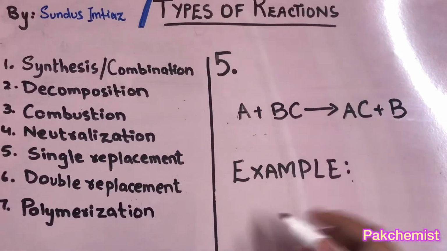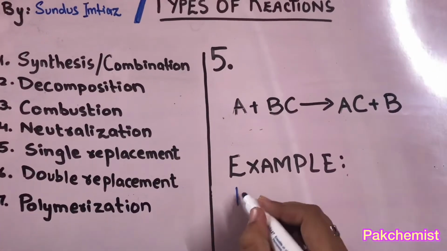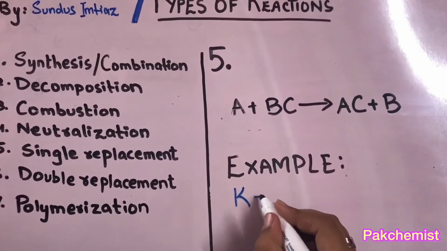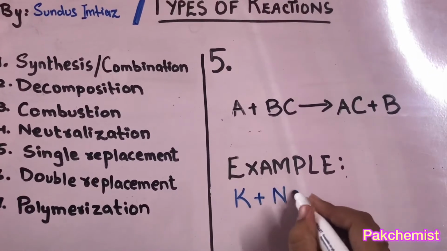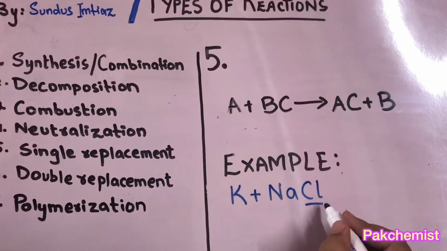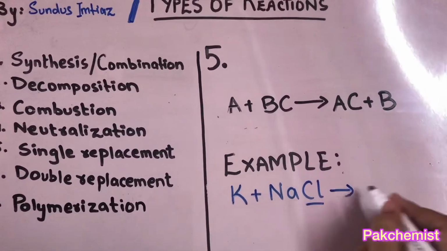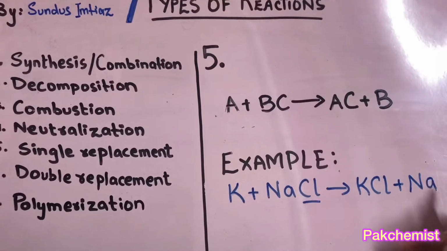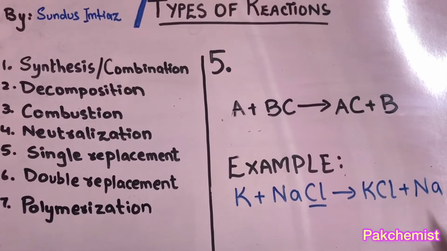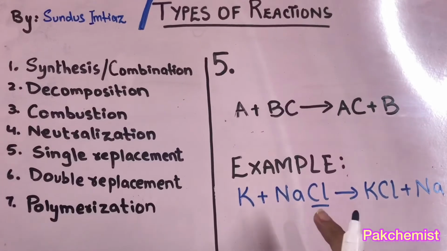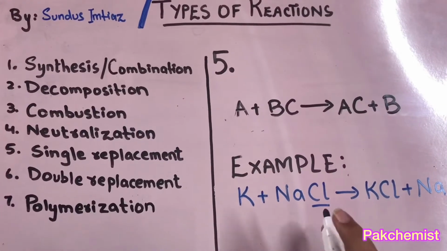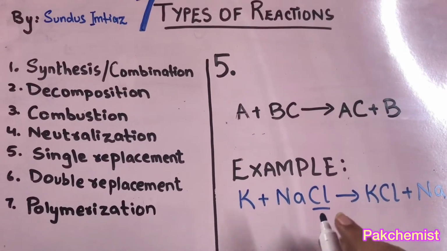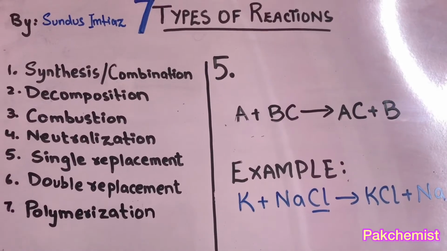Let me give you an example. For example, potassium K reacts with NaCl. Now this Cl will switch the position and form KCl plus a sodium atom. Now because only one atom is replaced, it means this is a single replacement reaction.